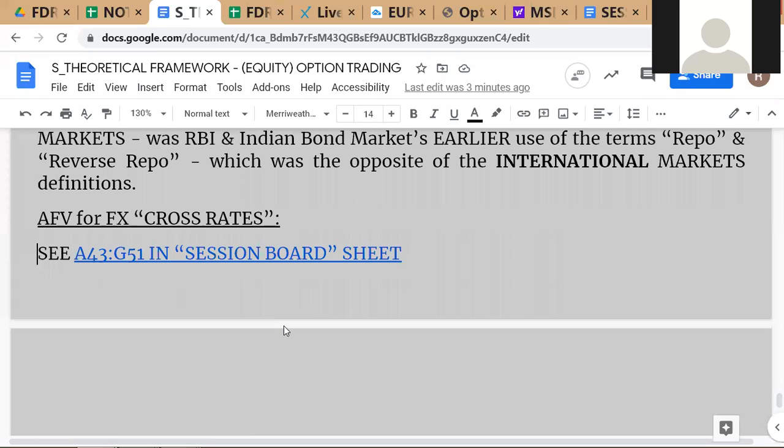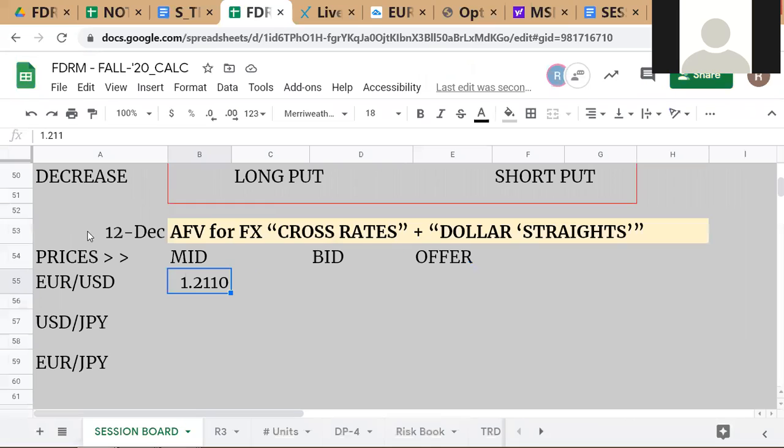We are referring to, now I have to change this, this is fine, but I have to change the cell reference. The cell reference is, we'll just call it, 53 and A53.